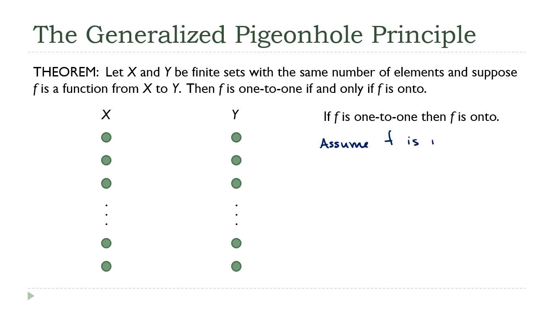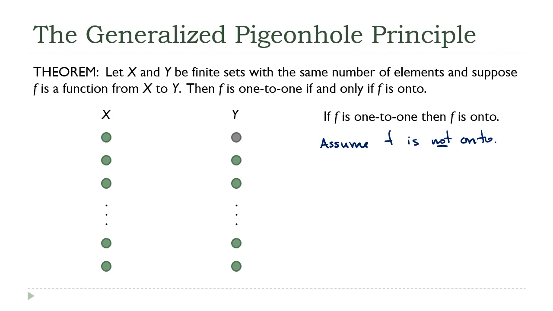So I'm going to assume f is not onto. What does that mean? Remember, an onto function is one where every element in the codomain, in the y set here, has to get mapped or paired with something in the x set. So by saying it's not onto, there has to be at least one thing in the y column that does not get matched with something from the x column.